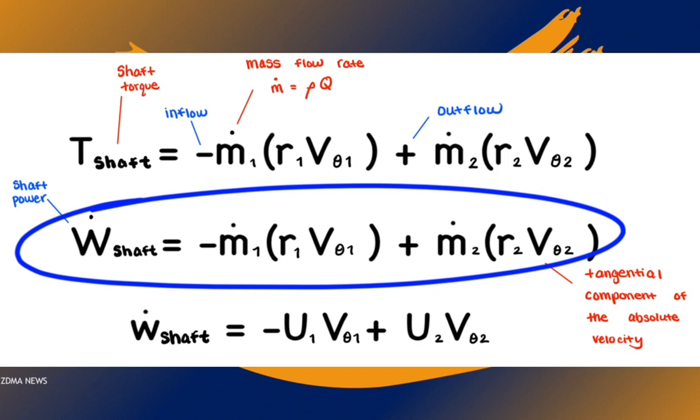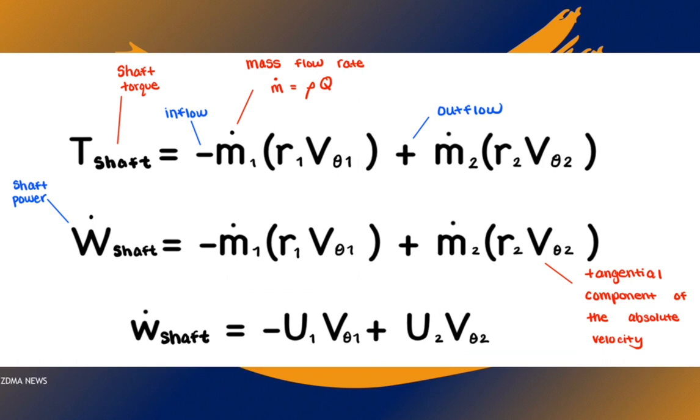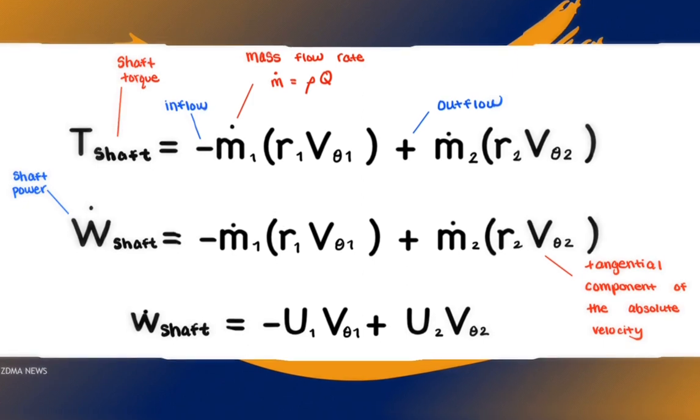Equation 2 is the shaft power, which is derived from the fact that shaft power is related to the shaft torque and angular velocity, and if we recall correctly, the blade speed is also related to the angular velocity and distance to the axis of rotation. Equation 3 represents work per unit mass, which is simply shaft power divided by the mass flow rate. These 3 equations represent the basic equations for pumps or turbines, regardless of the direction of flow for any fluid.